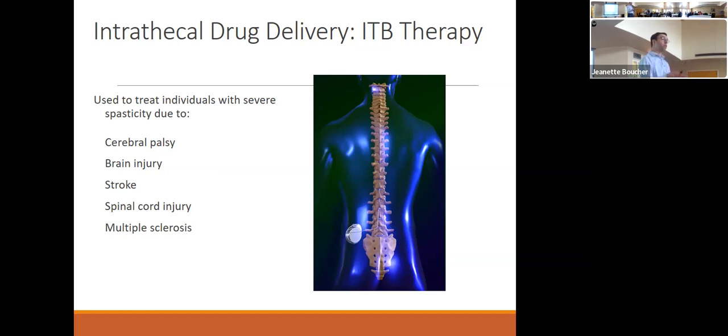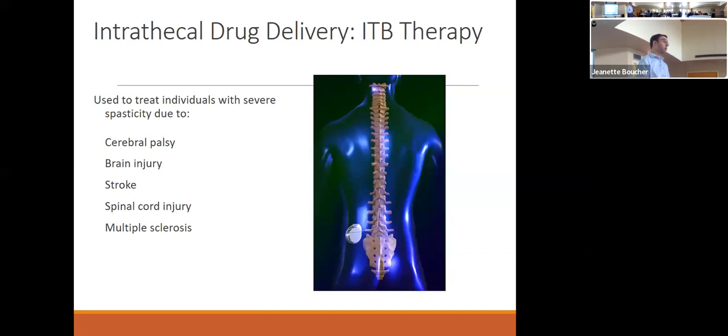So if you have an equivalent dose, one dose with the pill, one dose via the pump, the medication via the pump can be anywhere from several hundred, so I've seen to as much as 1,000 times more effective, okay? Obviously, the doses we use are much, much, much lower when we're talking about the intrathecal pump.